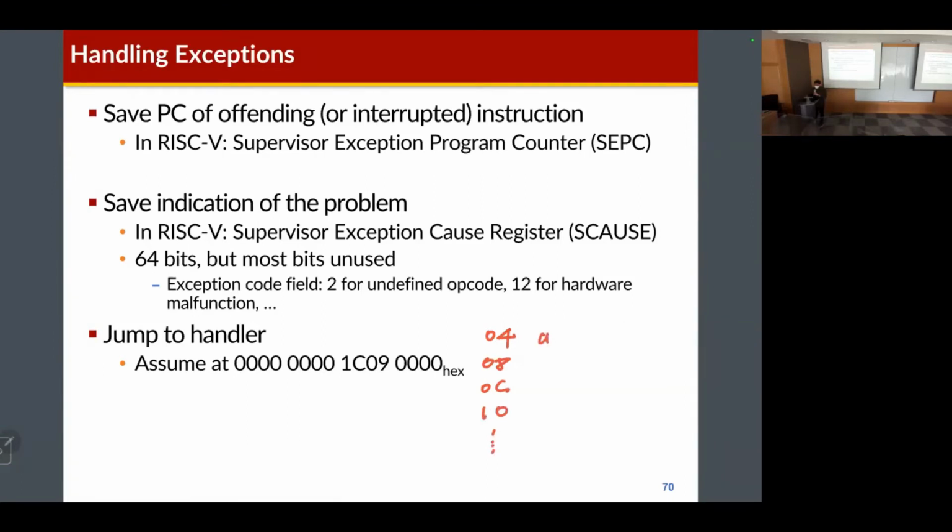But we can find many instructions like multiply, divide, and so on. So when an exception happens at a certain instruction, the processor needs to store where the exception happens in the code.